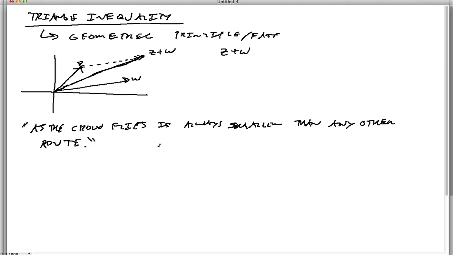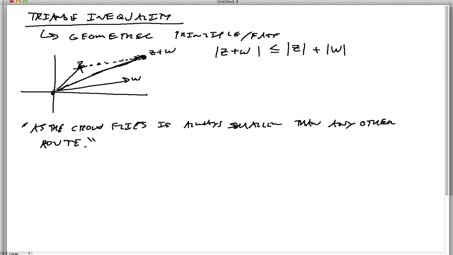Okay, and that's the figure of speech way of saying this, and that just means that if I want to get to z plus w, if I want to get to this point in the plane from the origin, the distance z plus w is always going to be less than if I were to go individually to z and then also go on the route along the line w this way.